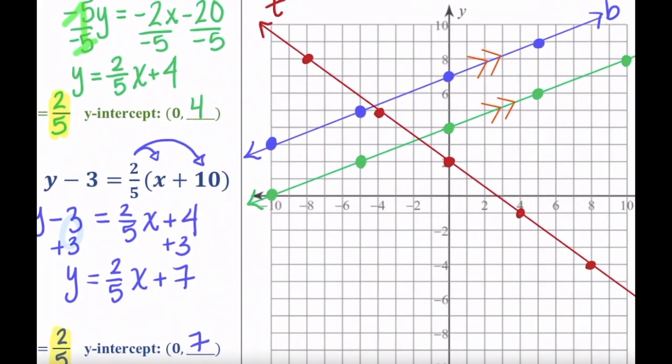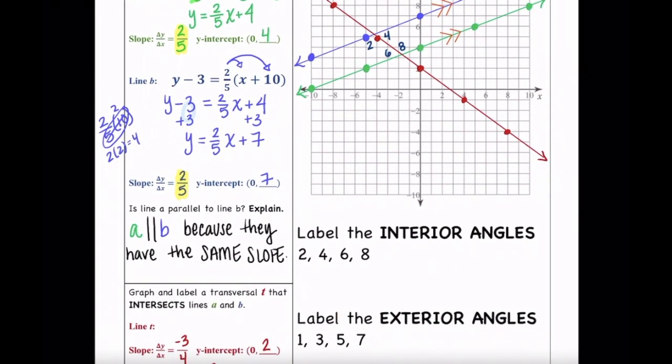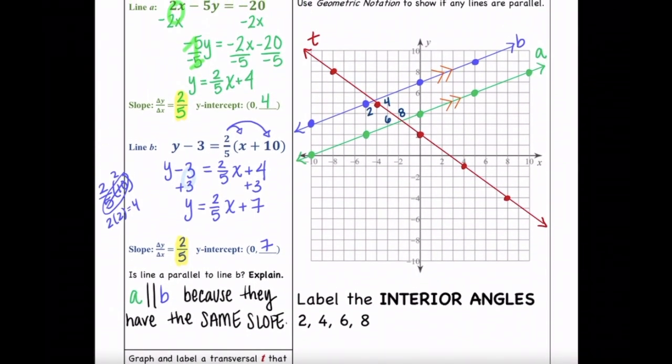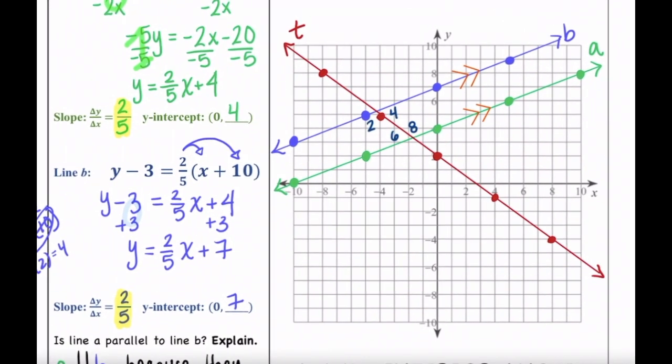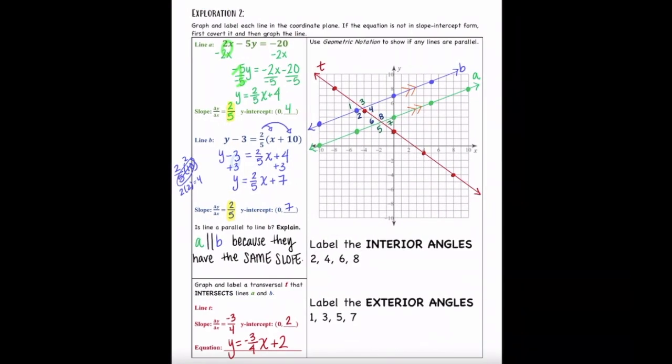And then we're labeling our exterior angles 1, 3, 5, and 7. And exploration 2 is complete.